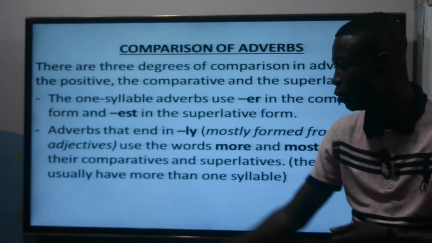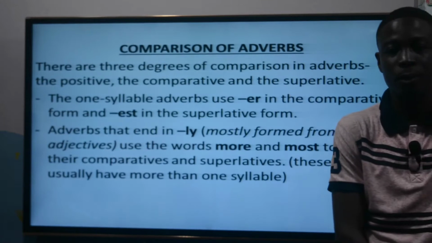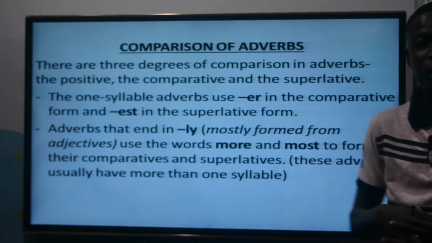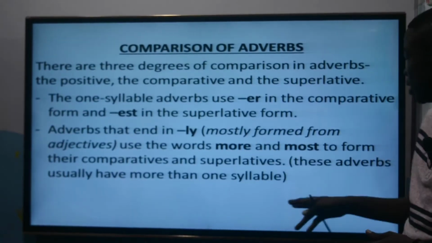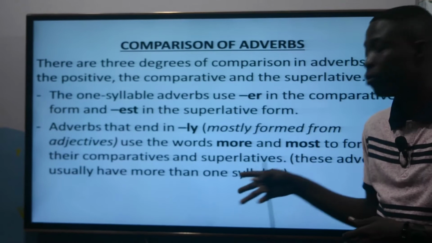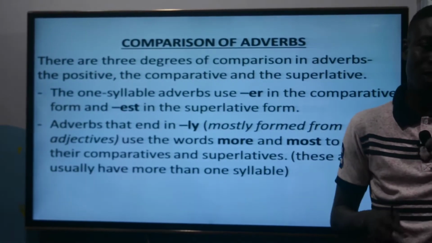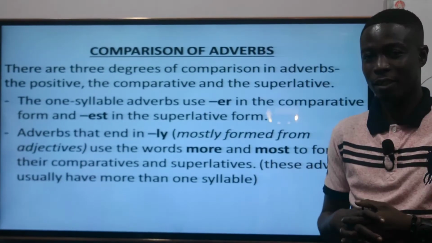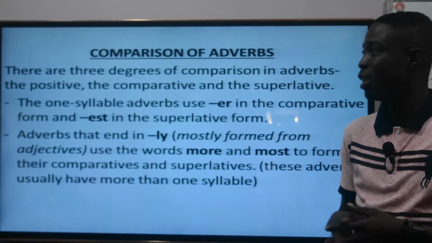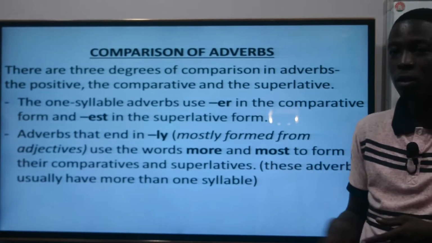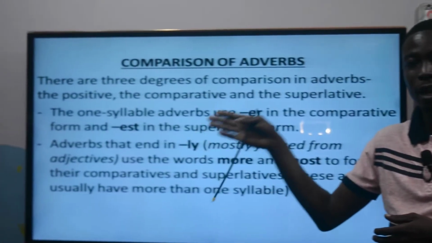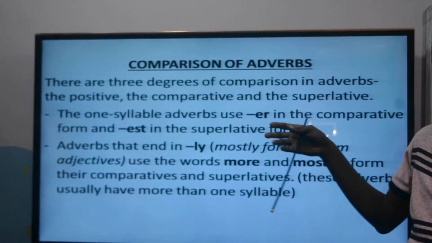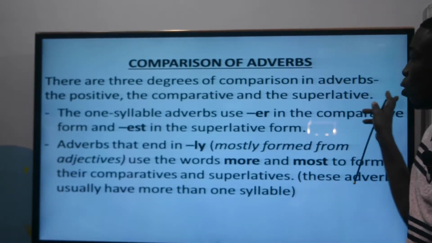These adverbs usually have more than one syllable, mostly 3 or more syllables. I hope you are following. All right, we move on to how to form the comparative and the superlative of adverbs. So to our next slide, let's move on.